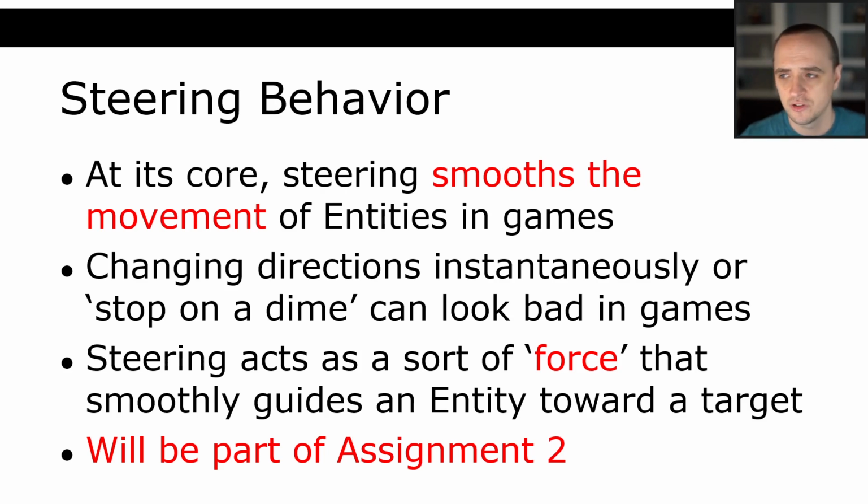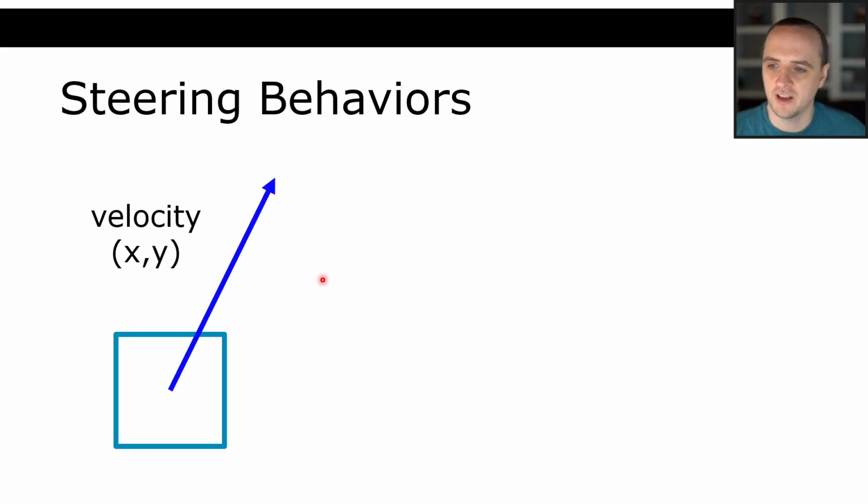All right, so what is a steering behavior? Let's say we have some entity in our game. If you did Computer Science 4300 with me, this is going to be a bit of a repeat, but it's pretty quick. Say it's this player down here, and it has a current velocity. The velocity is the X and Y change per frame.